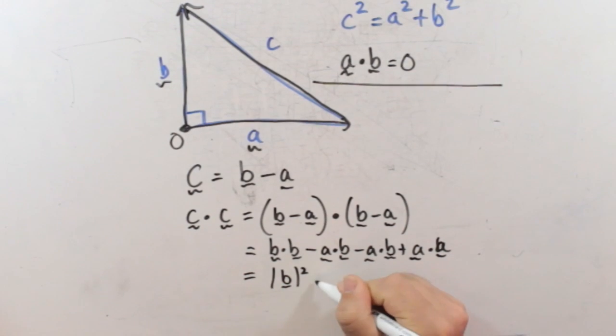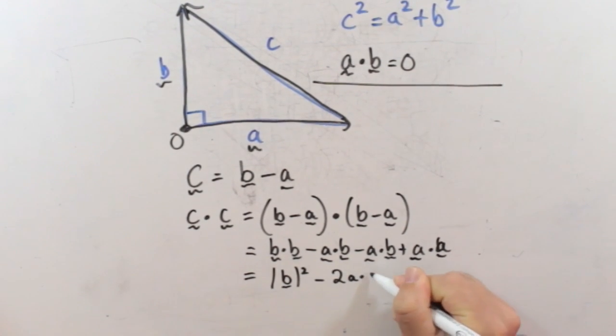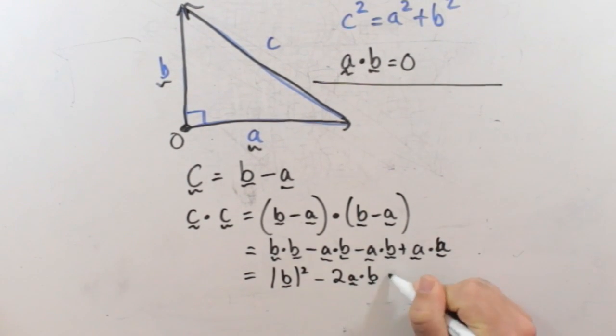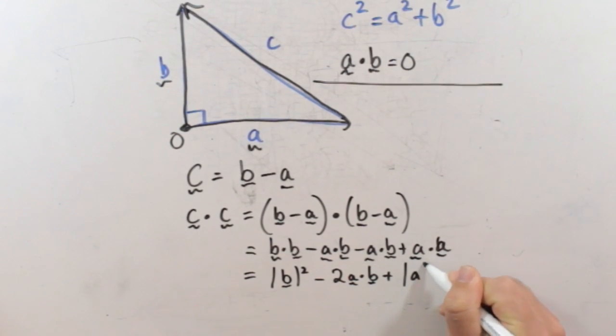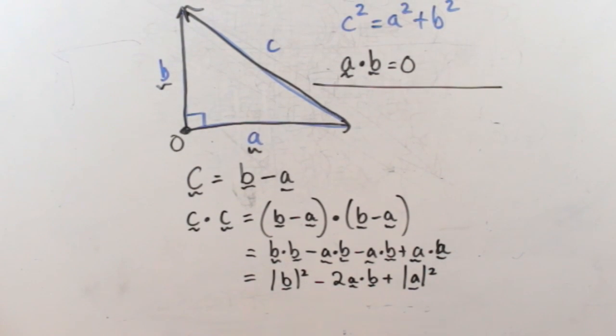We've got minus 2 A dot B, plus the magnitude of A squared.